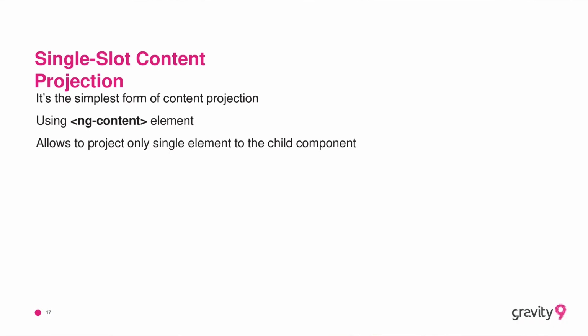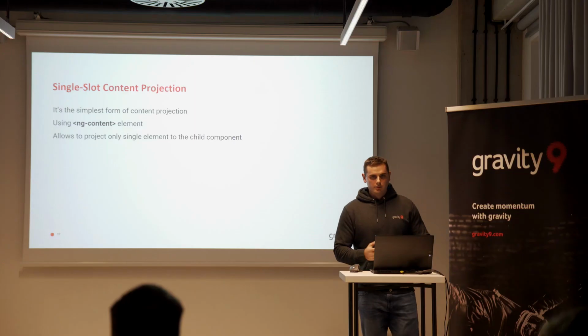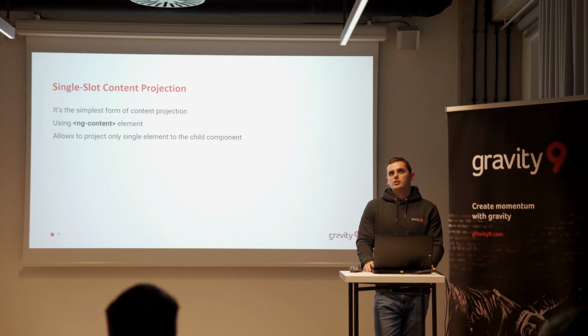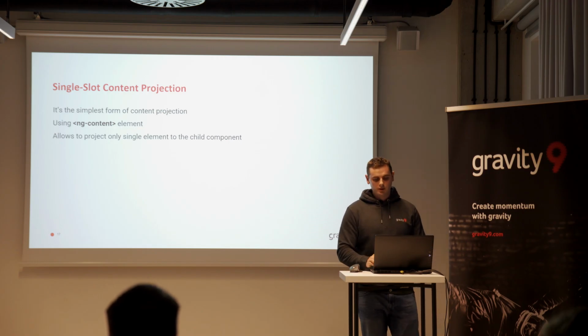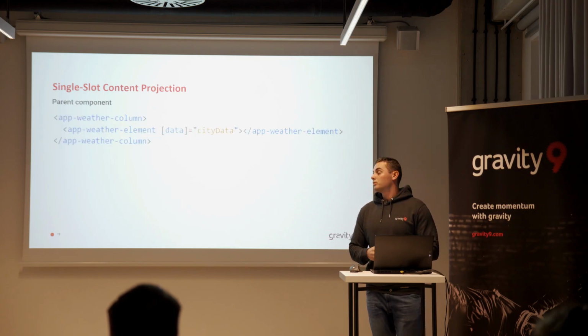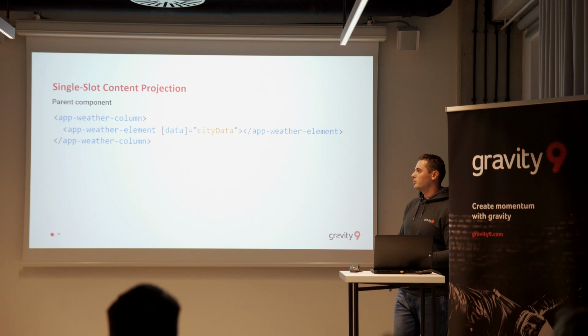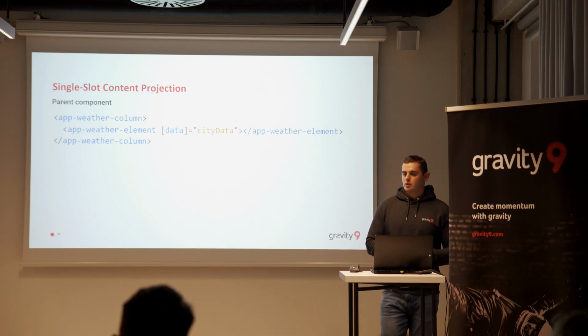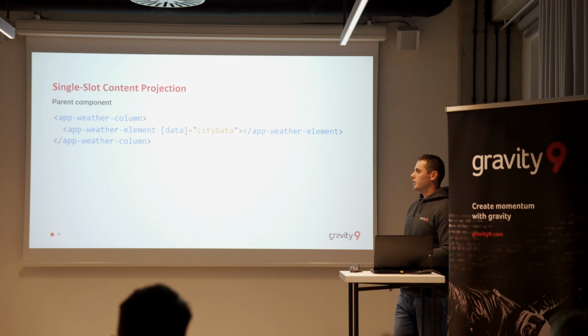So it's perfect for simple use cases when you just need to pass some content and don't worry about communication, and with this content projection you can project only a single element to the child component. And from the implementation perspective, it would look like this. So from parent component perspective, we need to put some content between the child component tags.